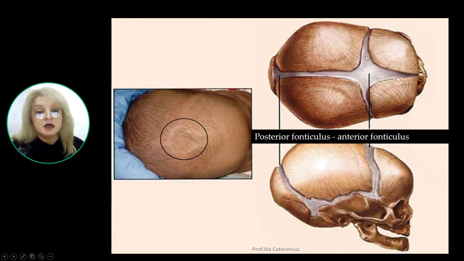Fontanelles are remnants of the connective tissue from that membranous stage of development of the roof of the skull. And there are many fontanelles, like frontal or anterior fontanelle, posterior fontanelle, and 2 lateral, sphenoid and mastoid.